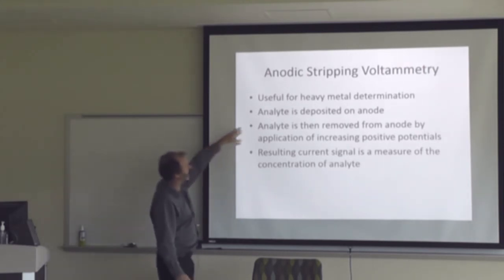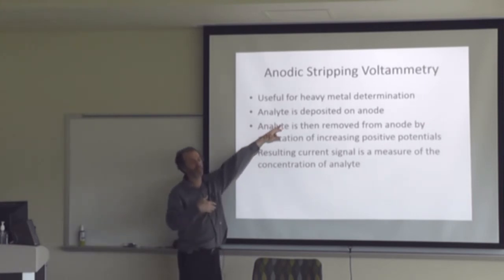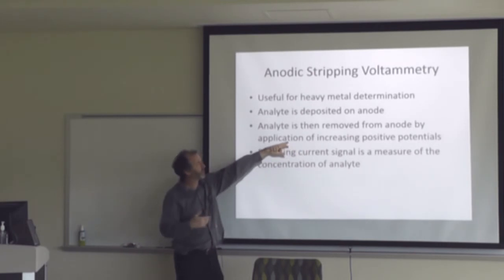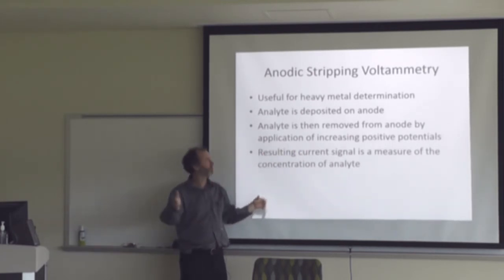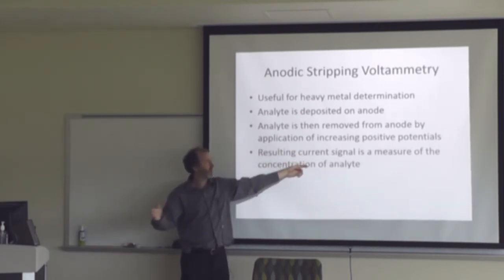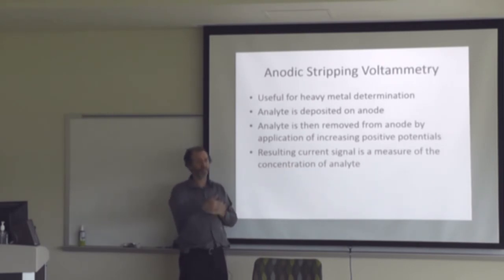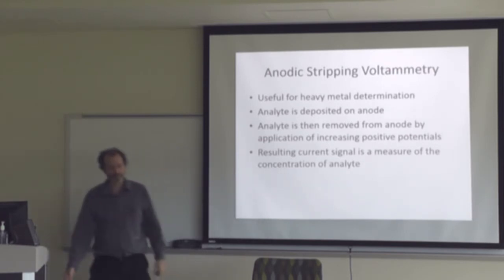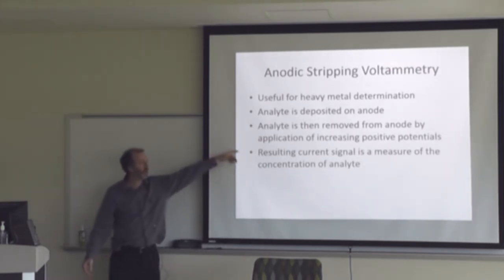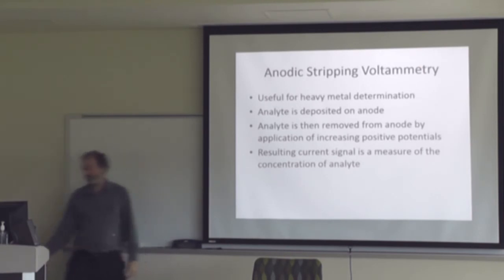The analyte is first deposited on the anode, and then it's removed from the anode by the application of increasing positive potentials, and the resulting current that you measure is related to the concentration of the analyte there. So that's how you measure things like lead or mercury in biological solutions, via anodic stripping voltammetry.